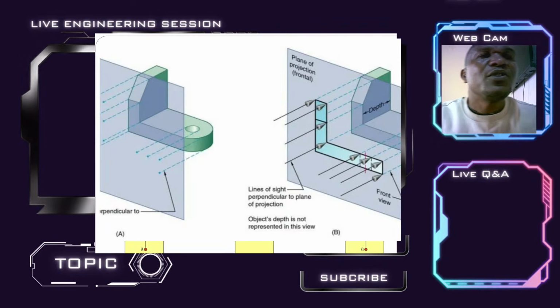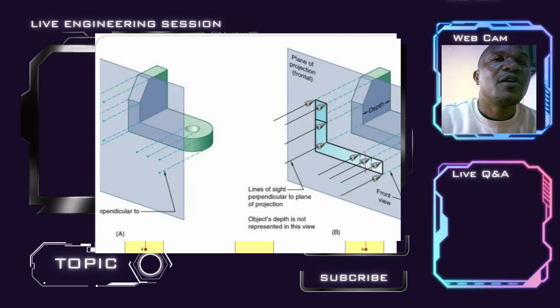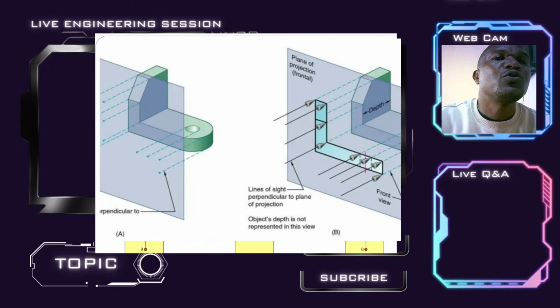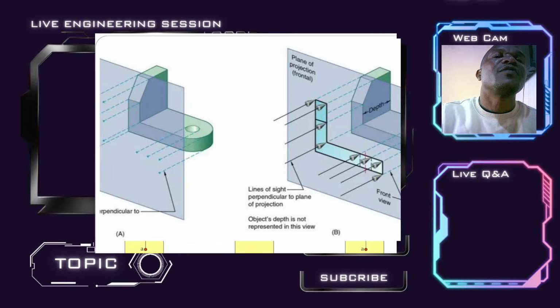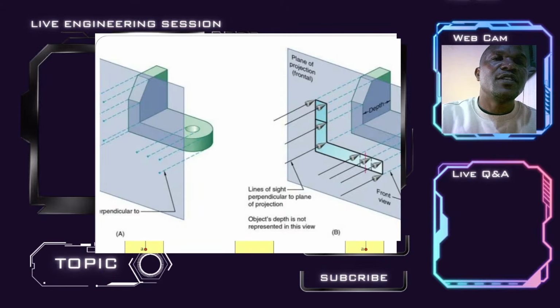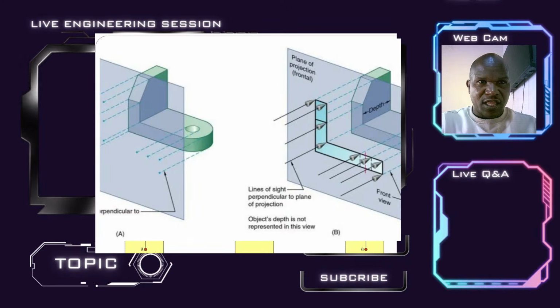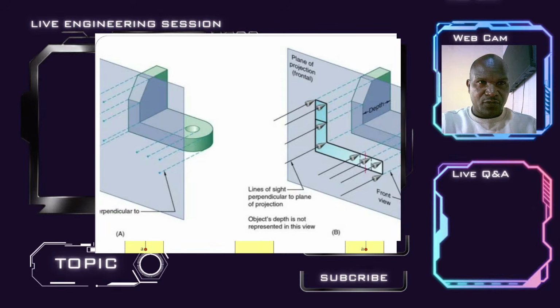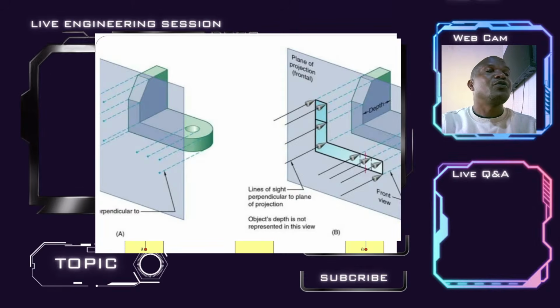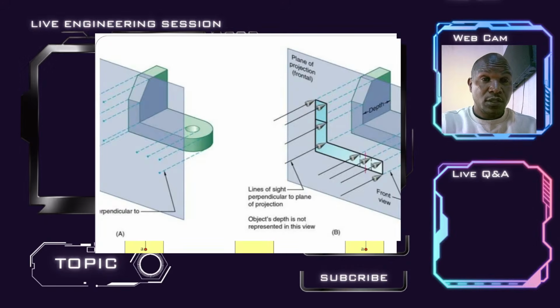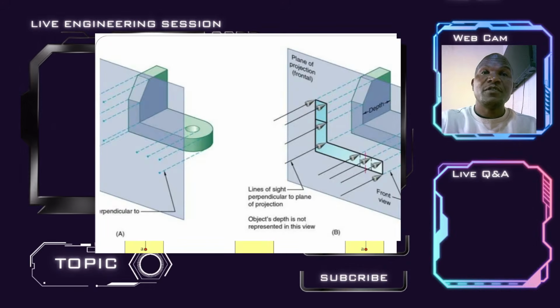Now, as you can see from the front view, from the direction of the arrows, you are not able to see the hole that is penetrating from the top on the right side through to the bottom of the block. But you're only able to see that there's a hole through it if you're viewing from the top.